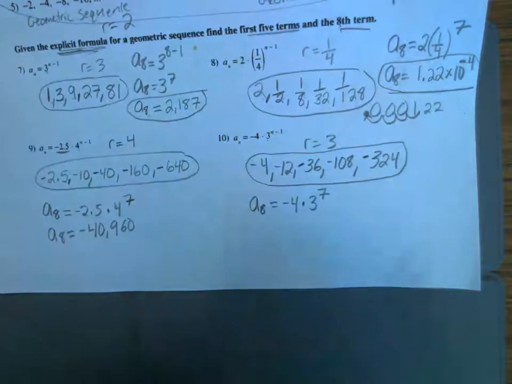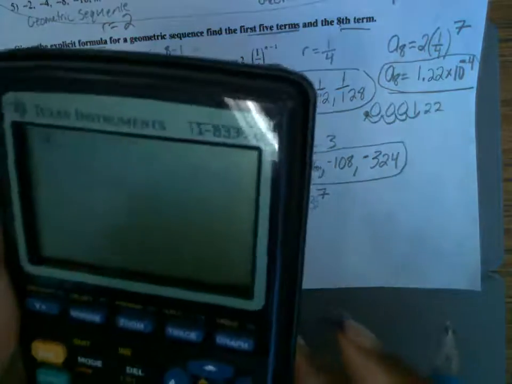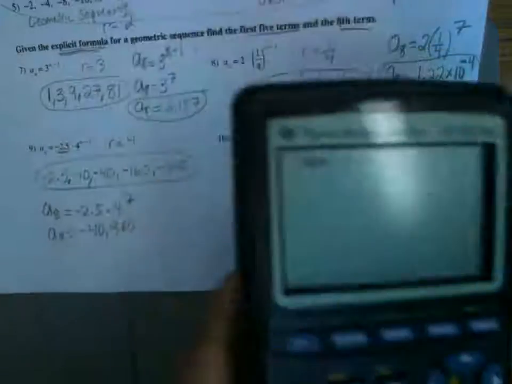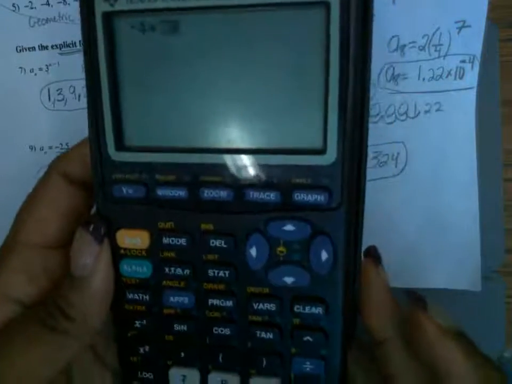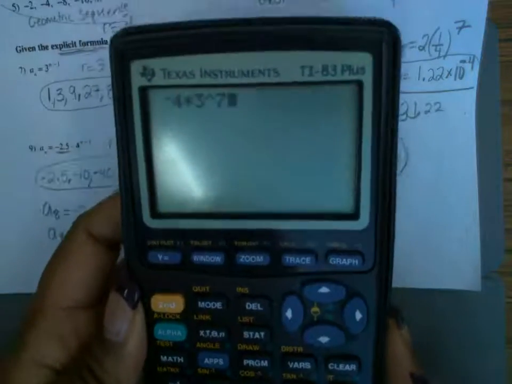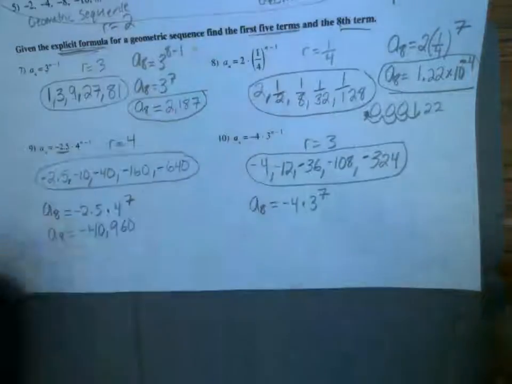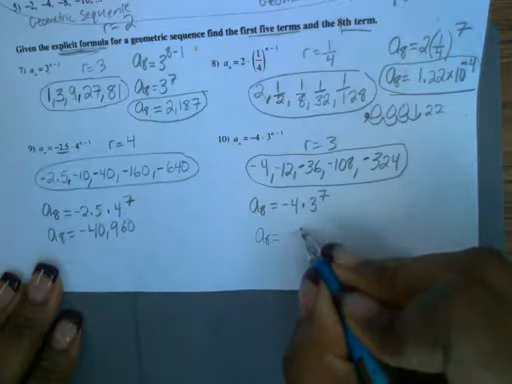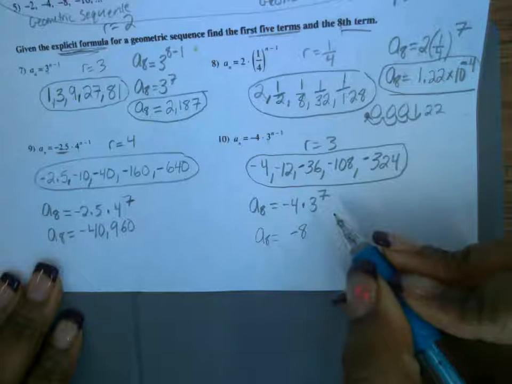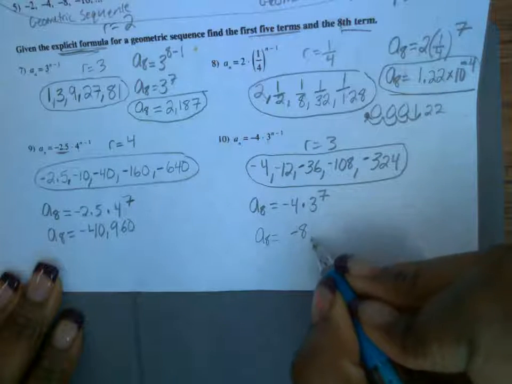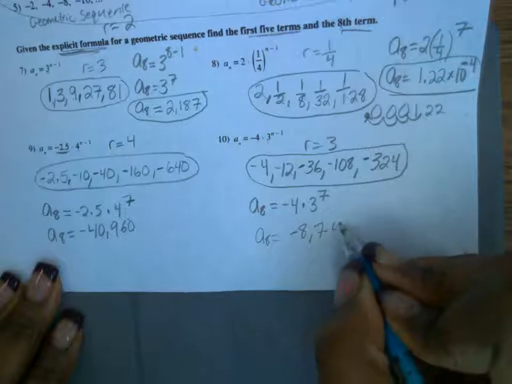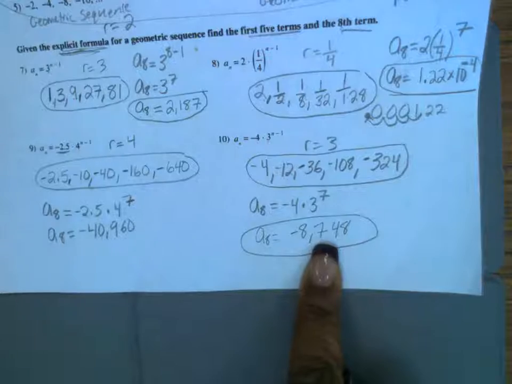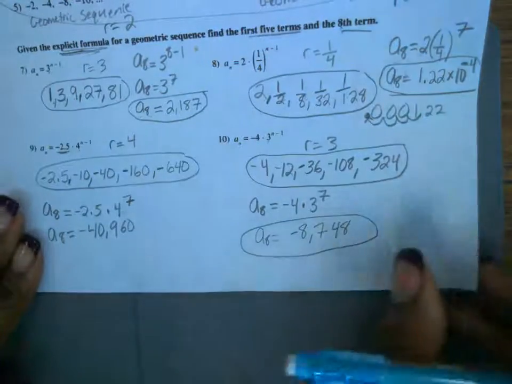We got -4 times 3 caret key 7. Okay, and that's going to give us a sub n is -8,748. This is the 8th number in the list. Okay, all right, let's go to the next page.